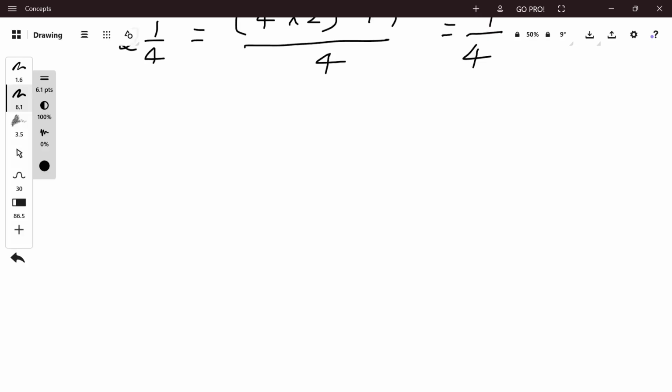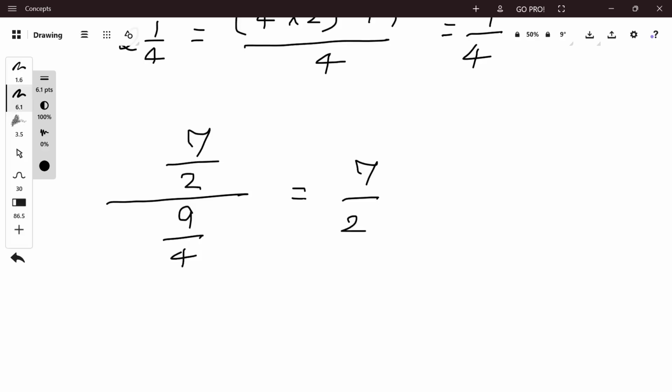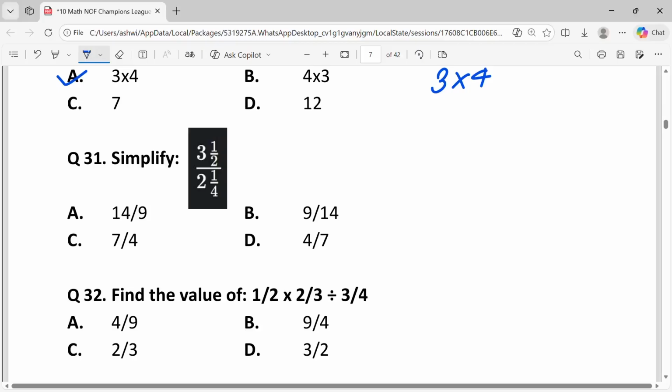Expression becomes 7 upon 2 upon 9 upon 4, that is 7 upon 2 into 4 upon 9, which is equal to 14 upon 9. From the given options, the answer is A, 14 upon 9.